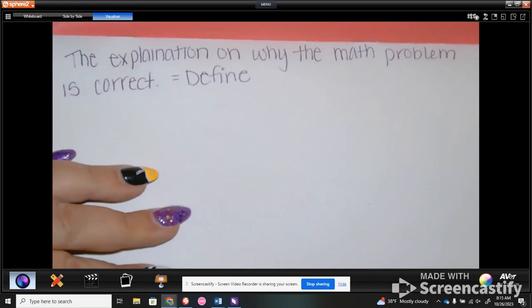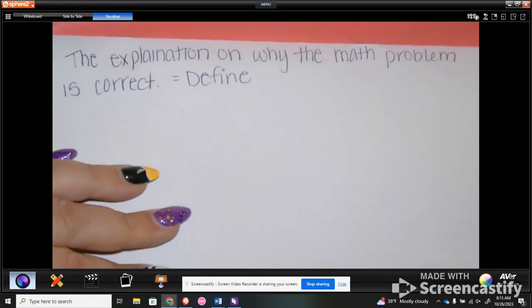So the explanation on why the math problem is correct.